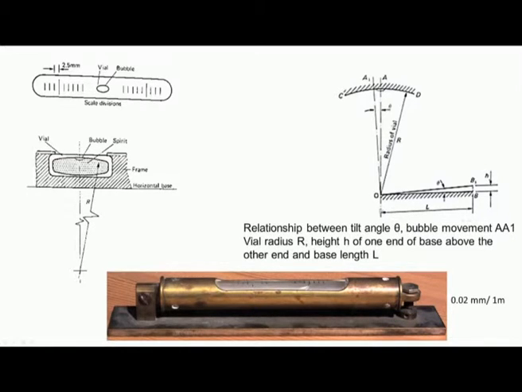Now, what is the relationship? If the length L is 1 meter and if one end rises by an amount of say 0.02 millimeter, then the bubble will move by 1 graduation. That means, if the bubble moves from A to A1, it indicates that the end B has raised by an amount of 0.02 millimeter.